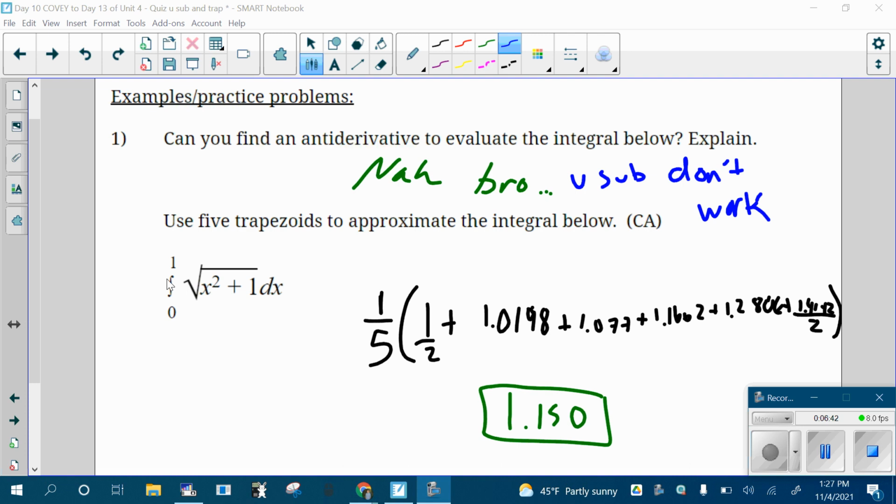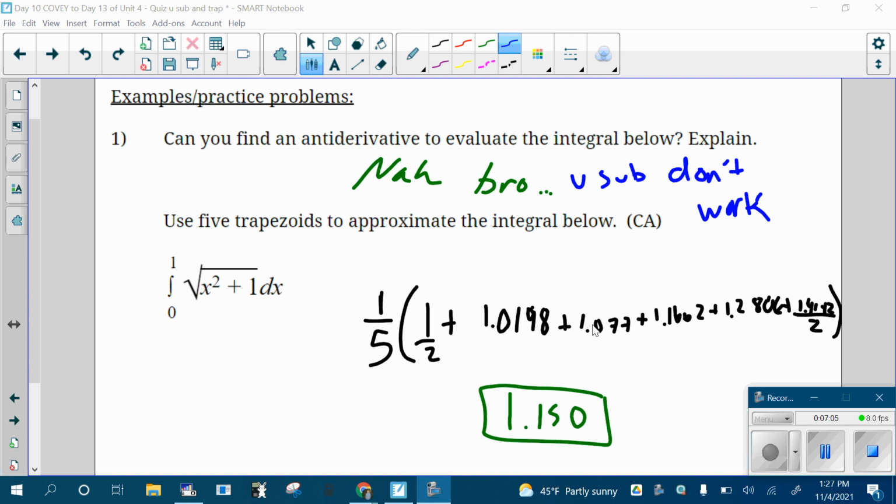So if you were asked to evaluate this, they might point you in the direction of using trapezoids. And in this case, they asked you to use 5 trapezoids. In this case, our formula totally works nicely. Why? Because we're allowed to use even intervals. We're allowed to space them out 0.2 apart. Okay, so I got this.